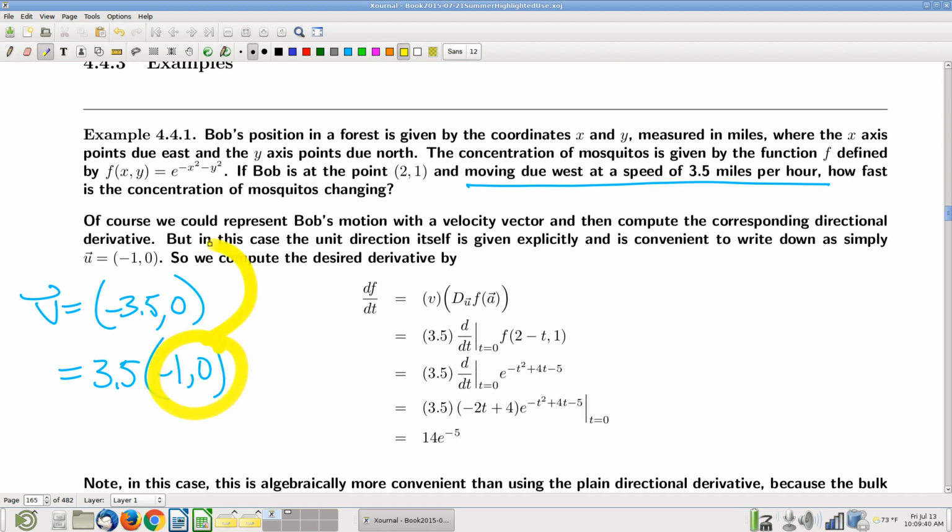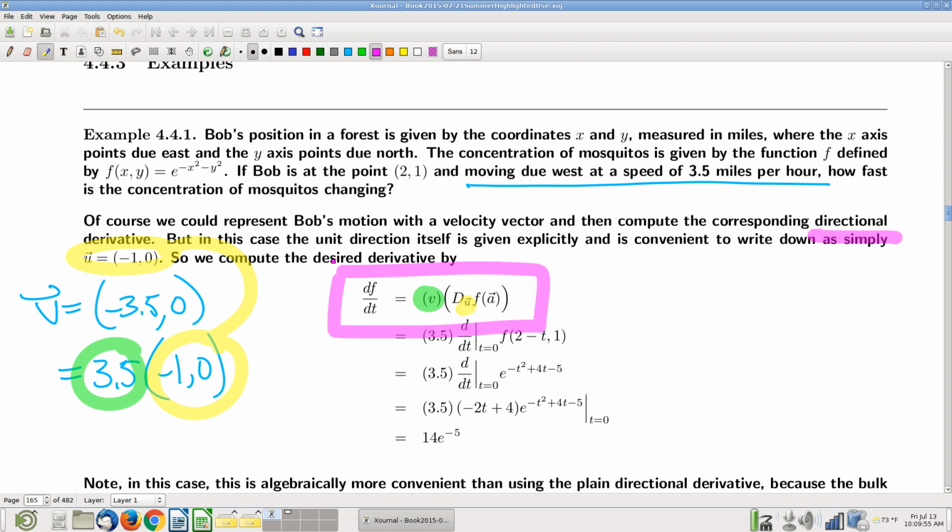This then is my unit vector, and here's my speed. And I'm computing the directional derivative, having factored out the scalar, with the unit directional derivative. Yeah, everybody cool?